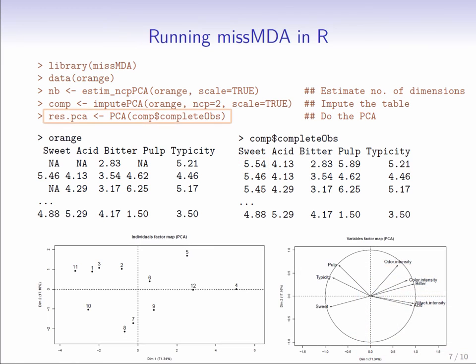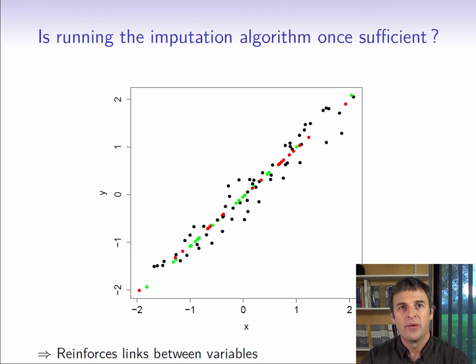We can now run a normal PCA on this table using the PCA function in FactoMineR. It outputs the usual PCA results with the plots for the individuals and variables. Okay, so a few remarks about imputation using PCA for this dataset and its consequences on the PCA that follows for the imputed dataset.